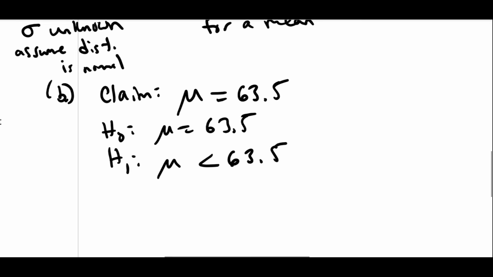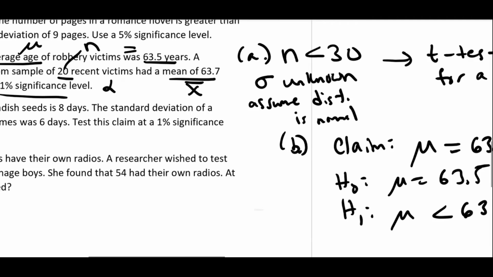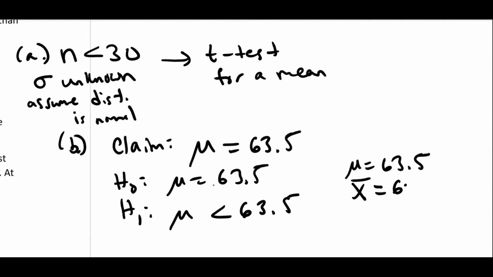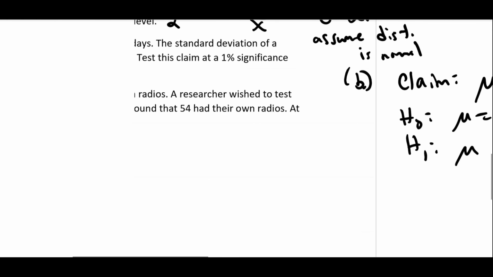All right, let's label our variables. We know clearly our mu is 63.5 from the claim. We know that the x bar from the problem is 63.7. Our n is 20. We also need our standard deviation.